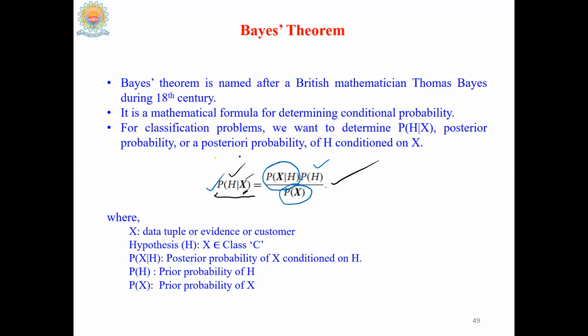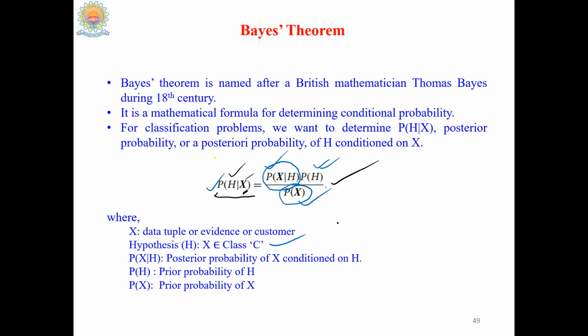And here H is the hypothesis, which says that the observation X belongs to class C.